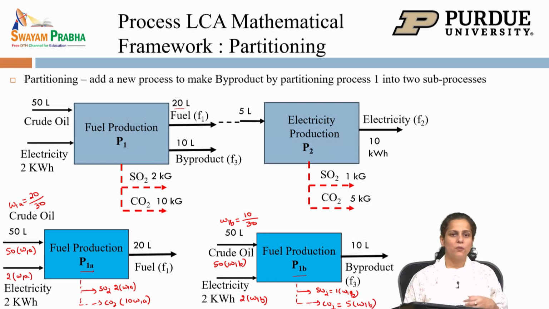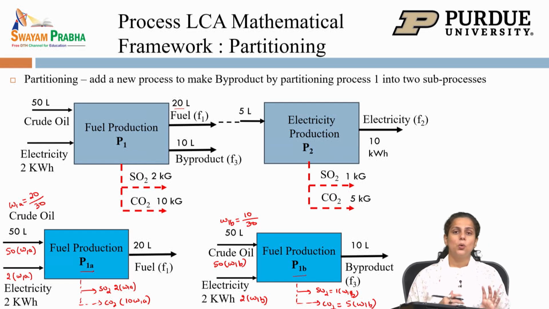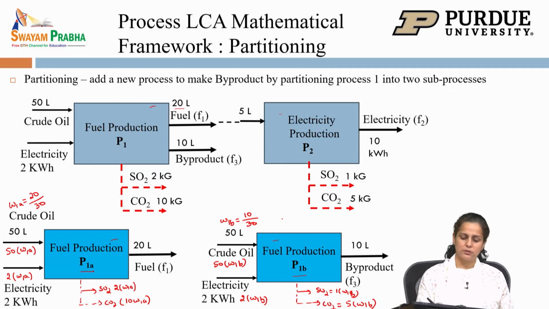Okay. Now, we have split the process. With this, what we have done is we have expanded our life cycle network from a 2 process network to a 3 process network. Now, when you do the calculations, you would modify your matrix algebra to represent these processes as separate.